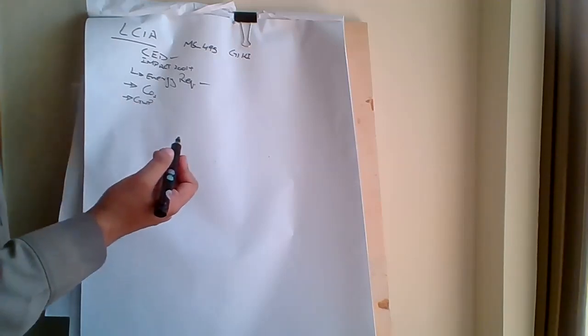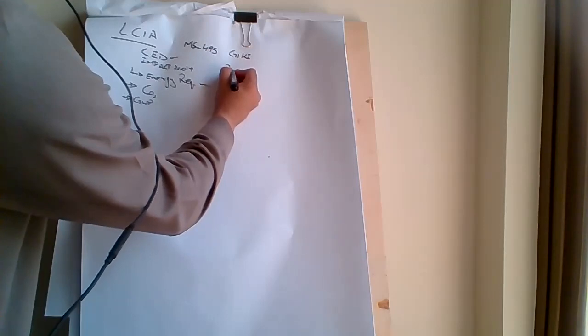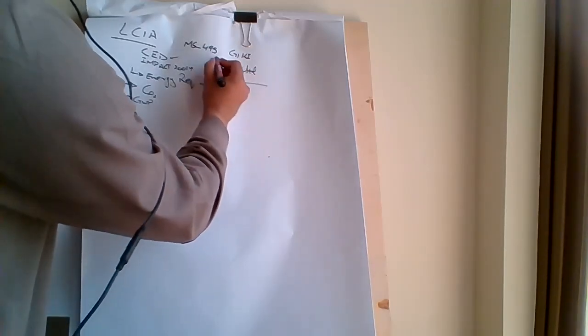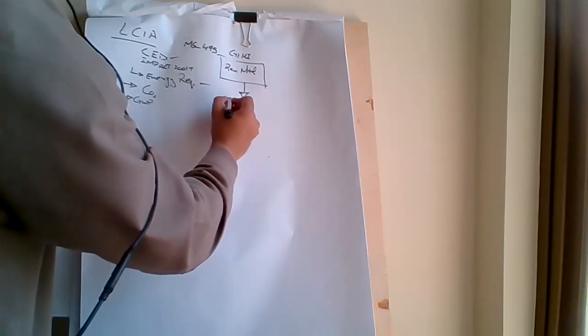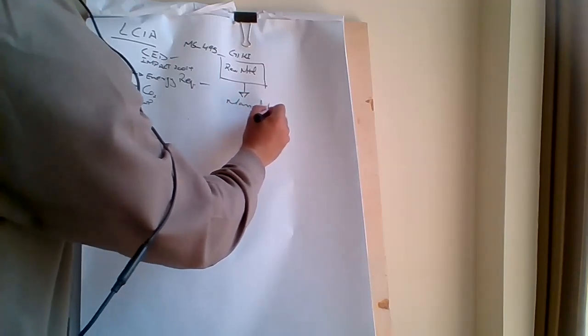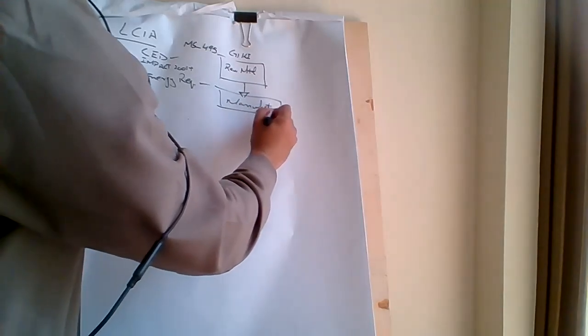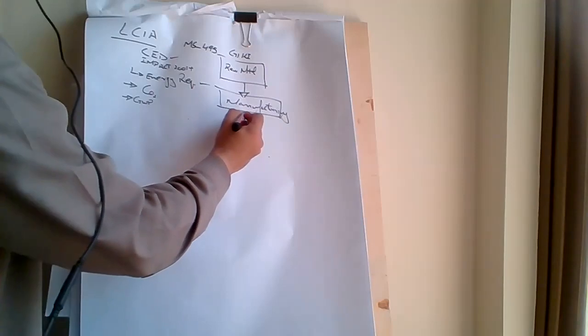The next step is that, if you can remember from my previous slides, the first stage is raw material acquisition, transportation, followed by manufacturing, and transportation to the warehouse as well.